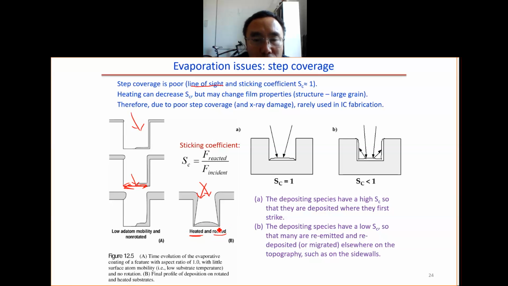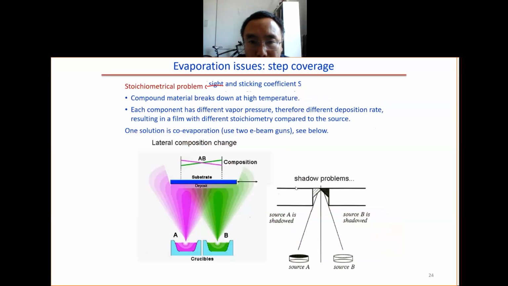How conformal you can have depends on something called the sticking coefficient, SC. So what is the sticking coefficient? It is given by F reactive divided by F incident.